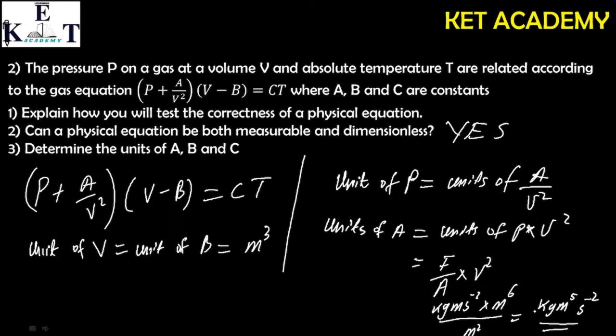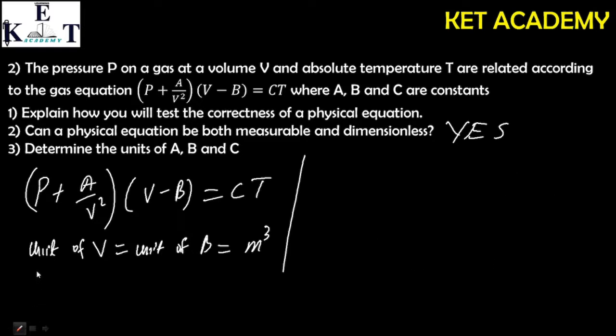Now, to get the unit of C, there's something interesting we're going to do. We have to expand the left hand side. Why are we doing that? Because we cannot directly state that the unit of CT is equal to the unit of V − B, or that the unit of CT should be equal to the unit of P + A/V². We need terms that are separated, that we can actually equate.